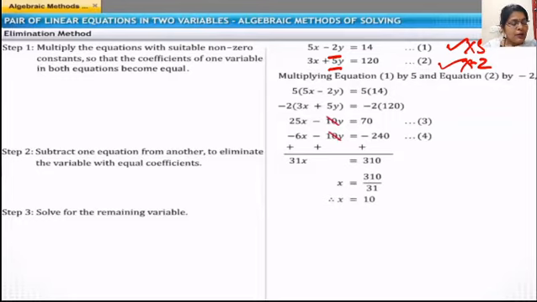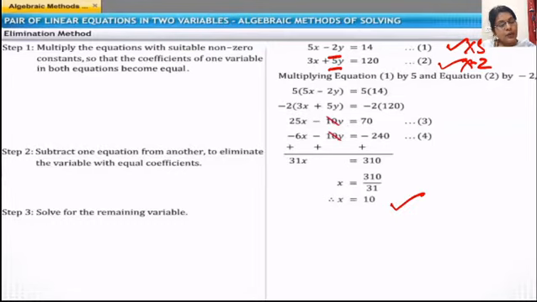We'll simply subtract, we'll simply change the sign. Changing the sign, what do we get? Here we get 31x, and here 310. Then x is equal to 310 upon 31, and this is x is equal to 10. This we got, x is equal to 10.